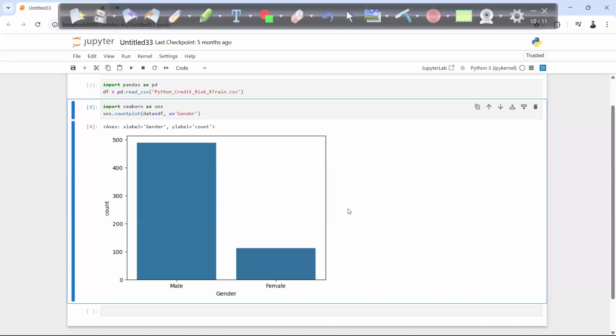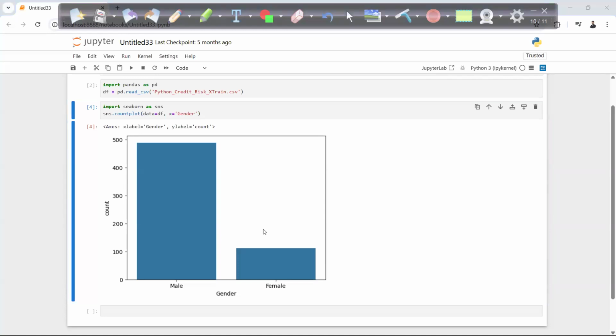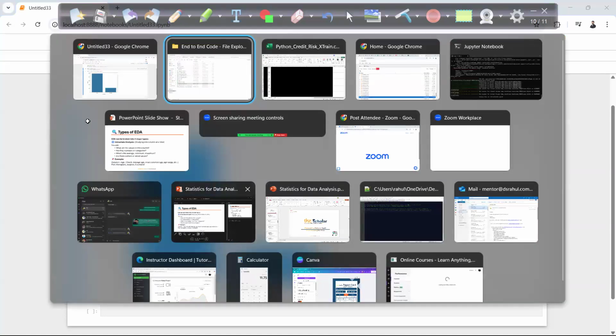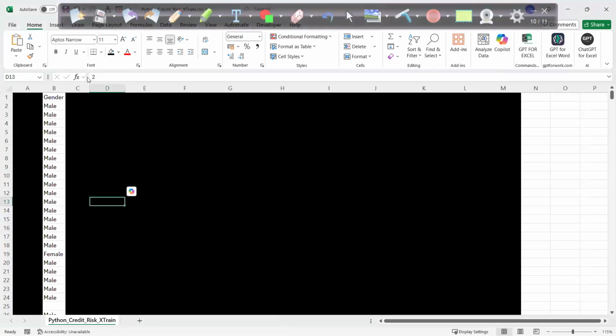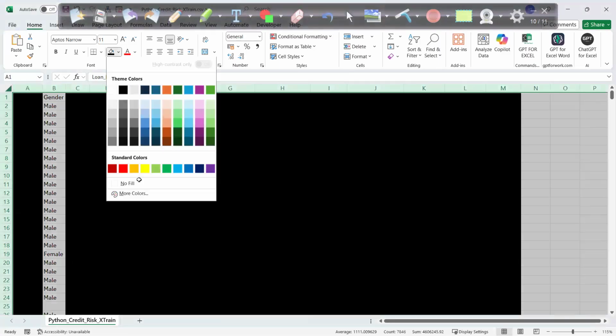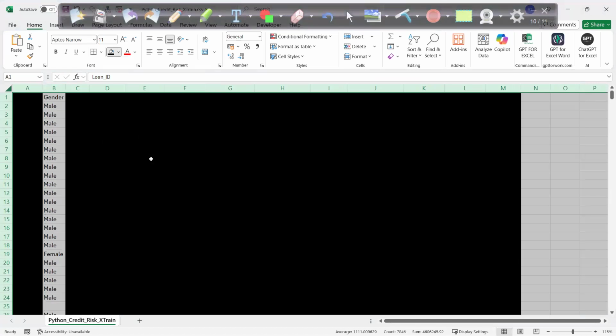This type of analysis is univariate analysis, because I am analyzing only one individual feature, that is gender, in this particular data set. So that is the information. In the same way, let's say I want to understand the next column, that is the married column.